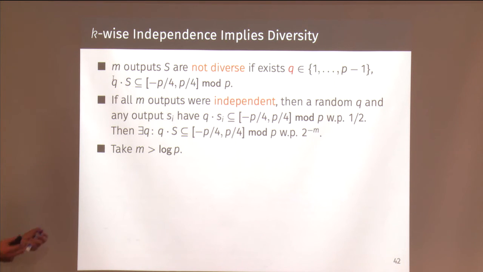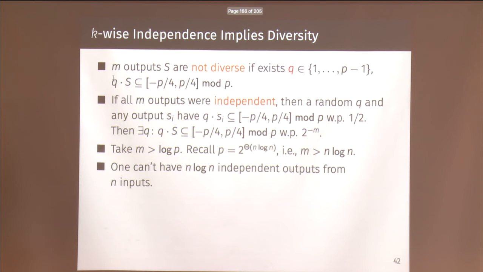But this is not the case. There are some sets of the input set of size n. I cannot have, like, some n log n completely independent elements in the sum set. The best I can hope for is that my outputs are partially independent. The best I can hope for is that my outputs have order of n-wise independence.